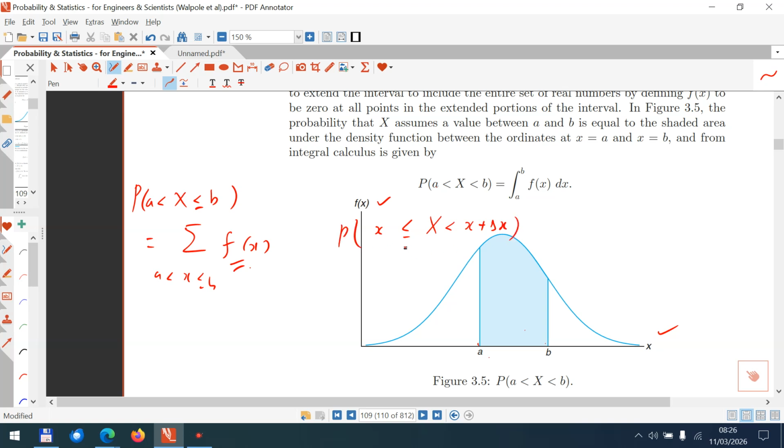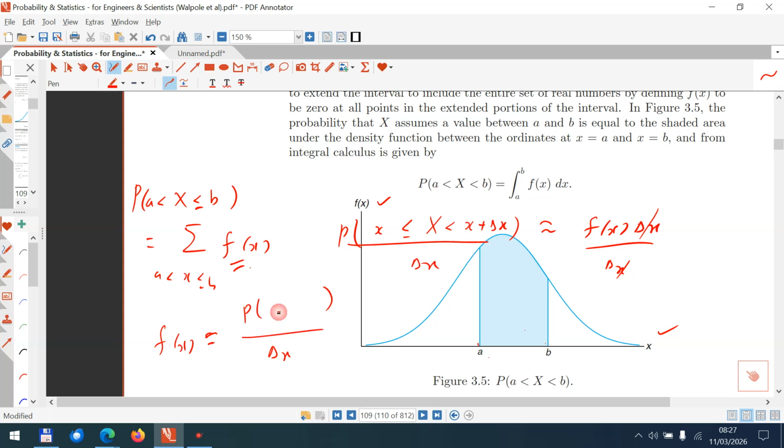And let's say delta x is very small, so this will be nearly equal to f of x delta x, right? Divide both sides by delta x, cancel it, and now you can easily say that f of x is nearly equal to the probability in that region delta x divided by delta x. So probability per unit interval. That's what we mean by probability density.